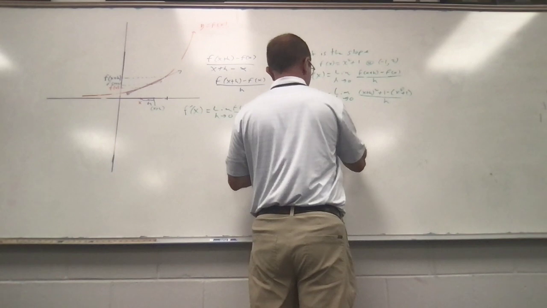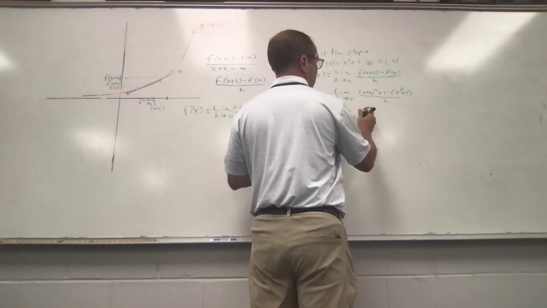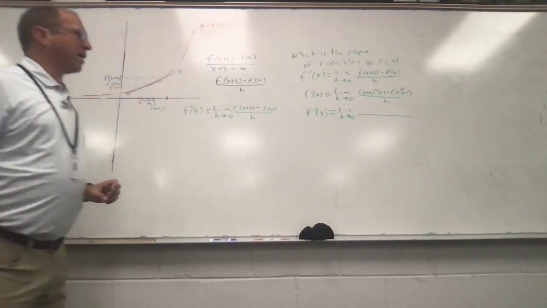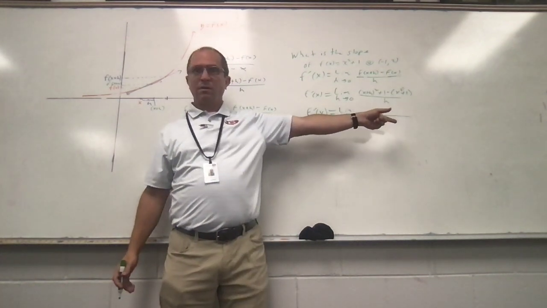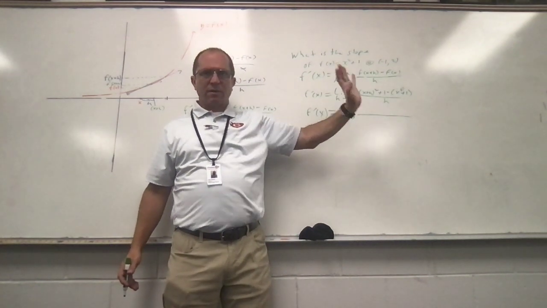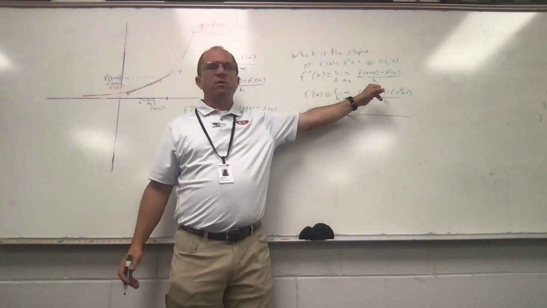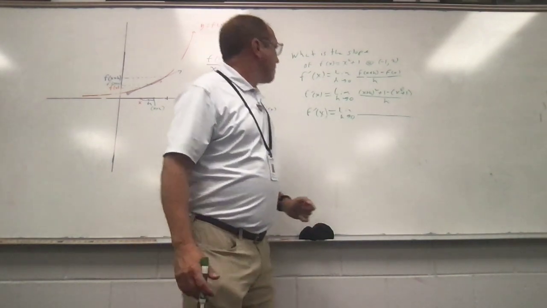So f prime of x is the limit as h approaches 0 of. All right. Now, if I'm at this step right here and I plug in 0, I get 0 over 0, which again, we talked about, when we hit 0 over 0, there's probably a limit that does exist.